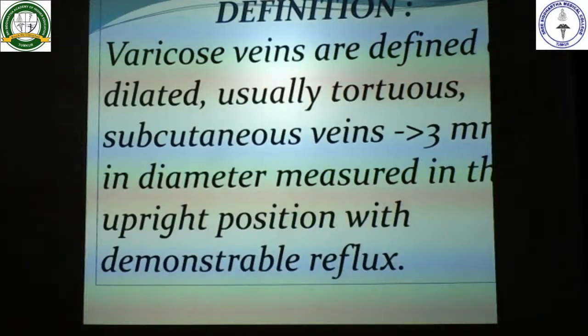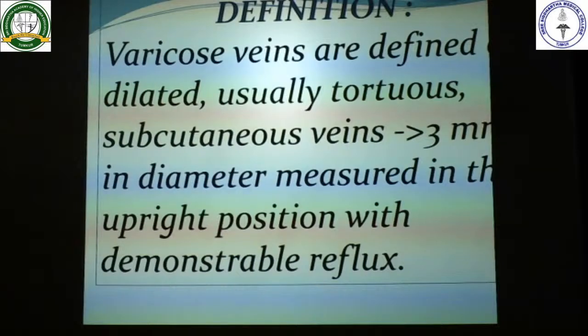So there is a definition. Usually majority times people will call only dilated tortuous veins varicose veins. It is wrong. There is a proper definition for varicose vein. Varicose veins are defined as dilated, usually tortuous, meaning it may or may not be tortuous, subcutaneous veins of 3 mm or more in diameter, measured in the upright position.